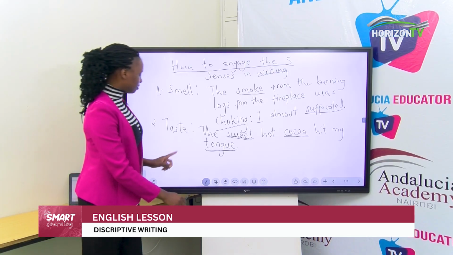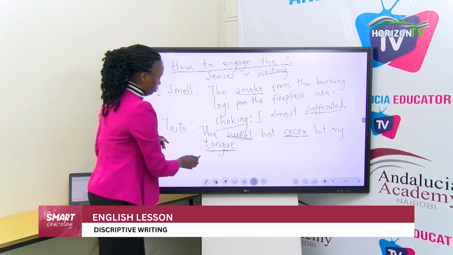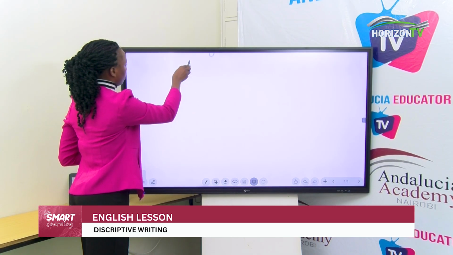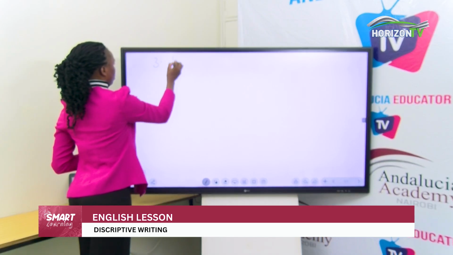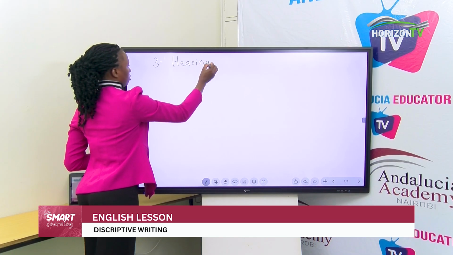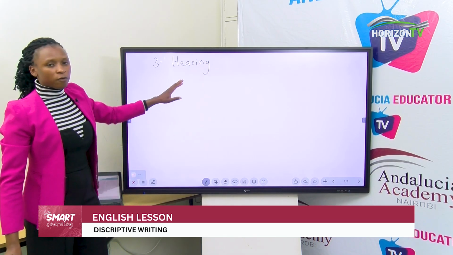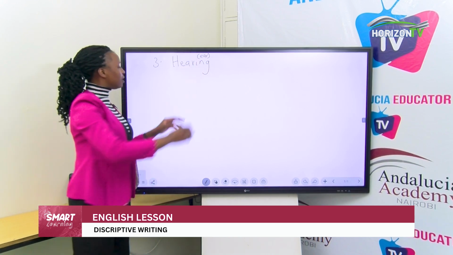Moving forward, let's look at the third sense. Our third sense is the sense of hearing. We have the sense of hearing, which we said we do by the organ, the ear.